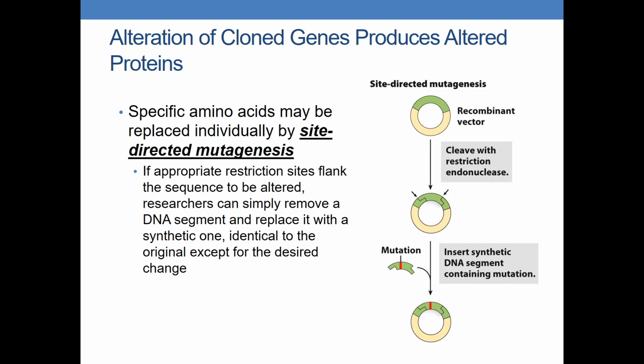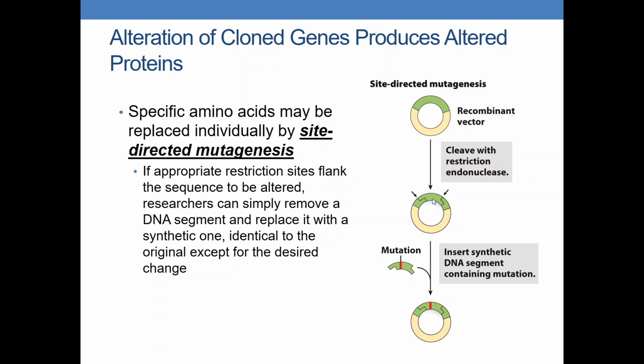What I can do is treat my plasmid with an appropriate restriction enzyme, introduce nicks here that allow me to pull out a certain internal region of my gene, and then I can take a mutated synthetic DNA segment and introduce that in.